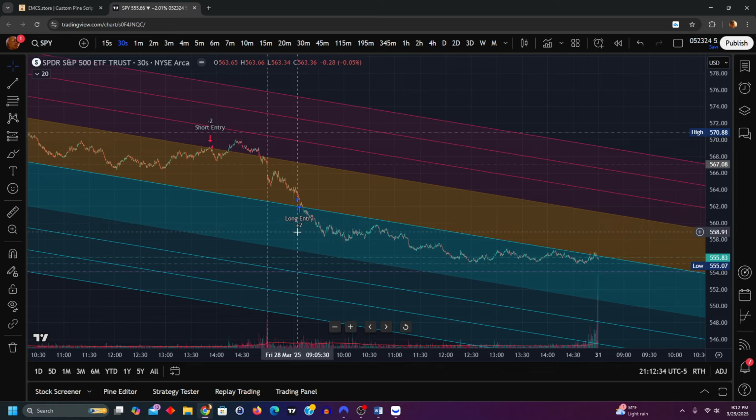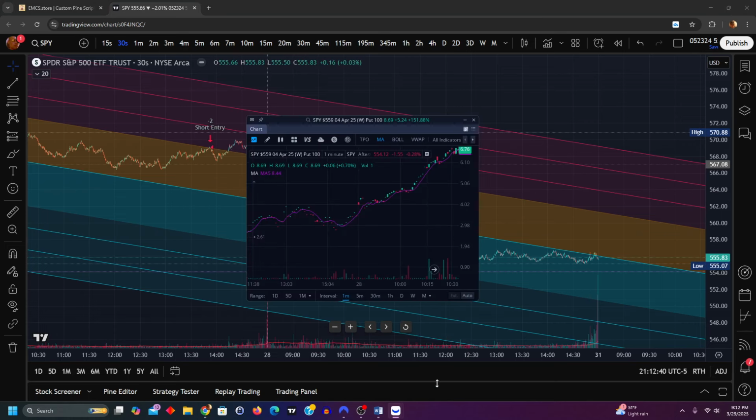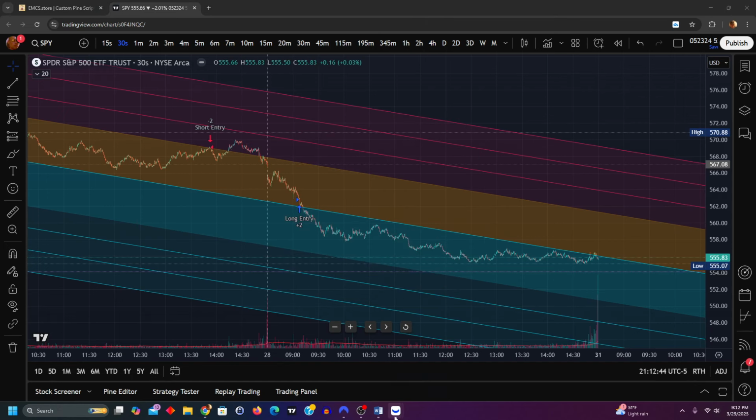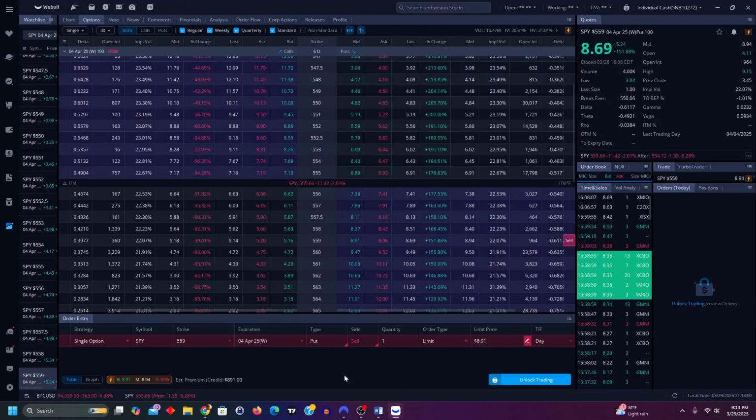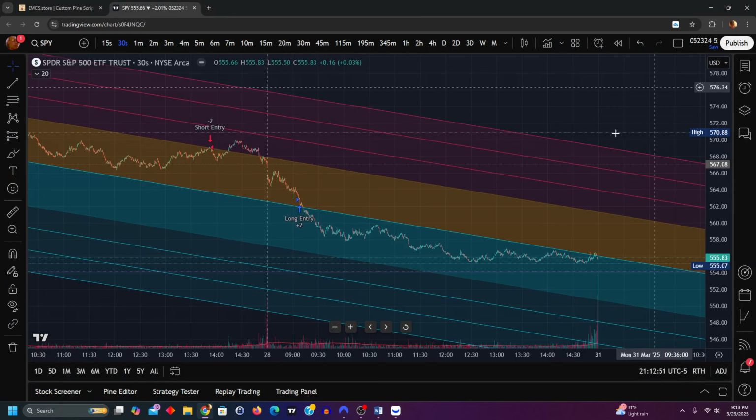So this chart is about an hour behind this chart. And there's the Webull desktop app.